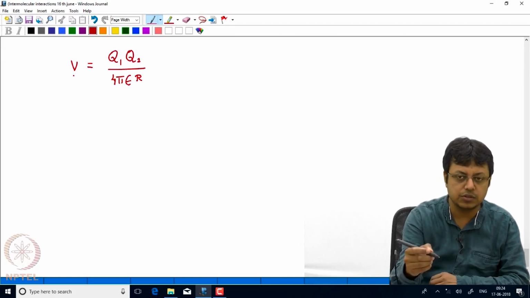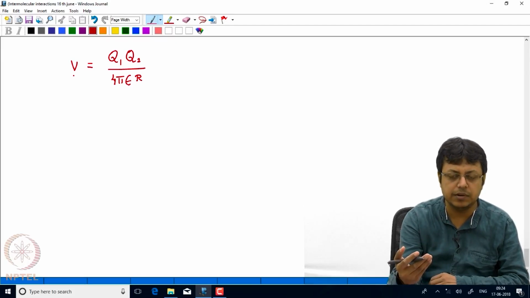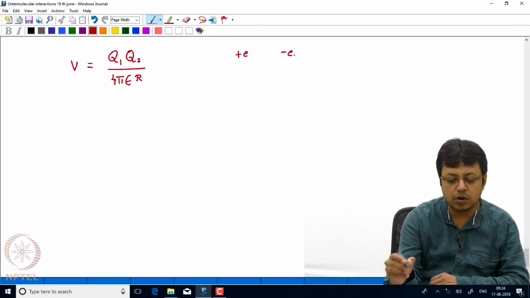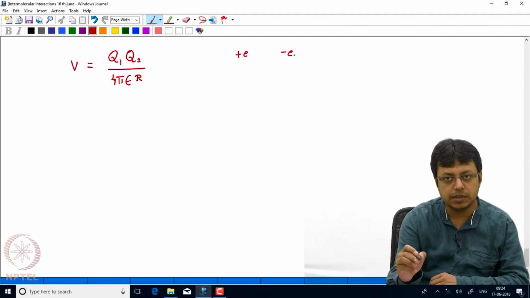So we can leave it as Q1 Q2. For example, suppose one of them is a positive charge, say plus E, and the other one is minus E. So automatically the interaction potential will be negative, because it is Q1 times Q2, and in this case it is plus E times minus E, which gives minus E square.